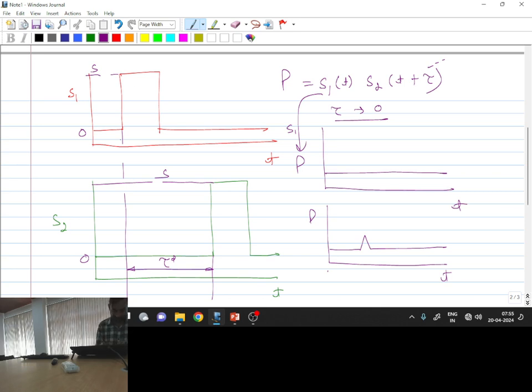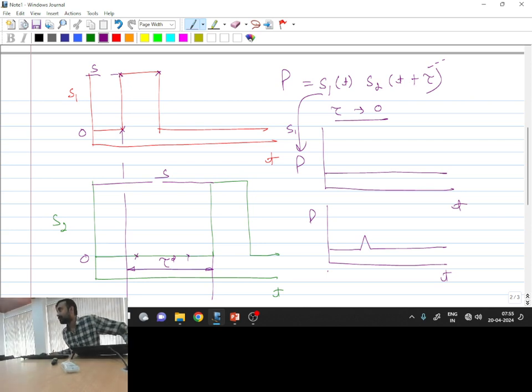Say t is my time instant, so I am multiplying this capital S, but for S2 I have to use t plus tau, and say tau is small, so tau is pointing out somewhere here. Then for this entire section up to this point, this product will be coming equal to 0. Is this one clear?